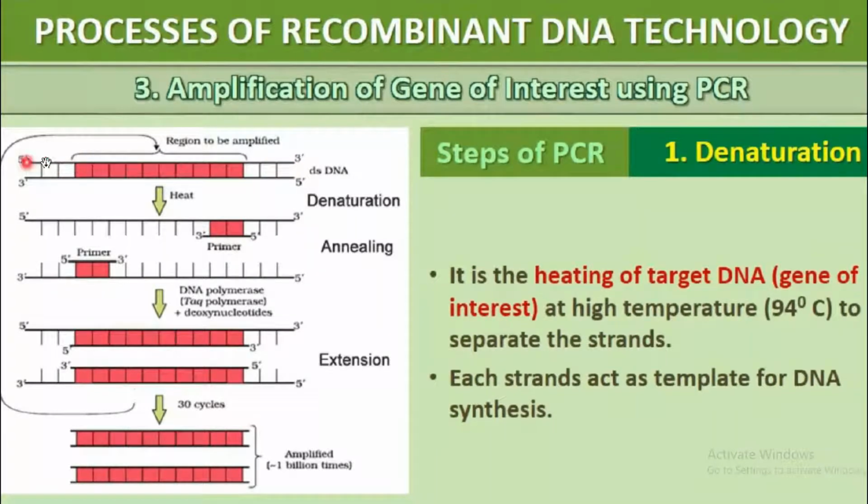One is in 5' to 3' direction, and the second strand is in 3' to 5' direction. So by using the denaturation method, we can separate these two strands. In order to make that, we have to heat the target DNA at high temperature, that means at 94 degree centigrade.